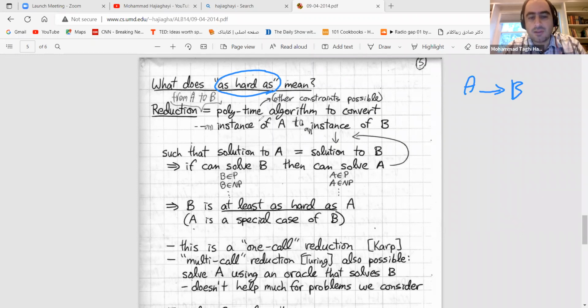It means that if we can solve B, then we can solve A as well. So what's the meaning of that? It means that if B belongs to polynomial time, then A should also belong to polynomial time. If B belongs to NP, then A should belong to NP as well.